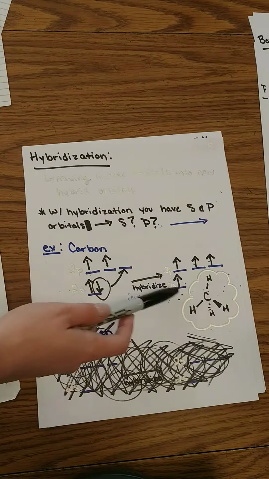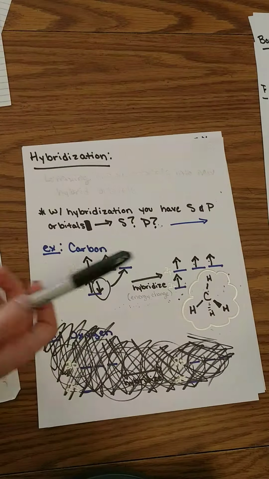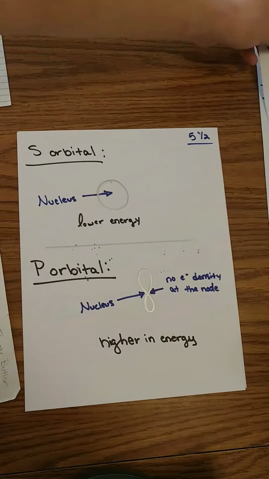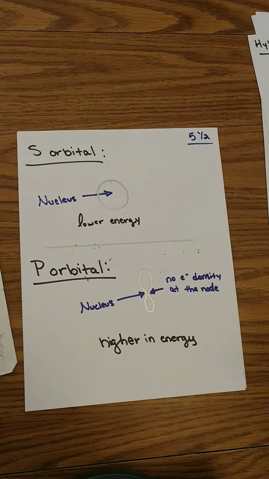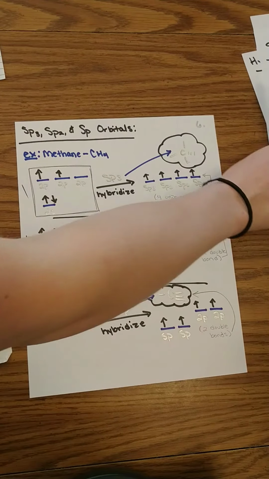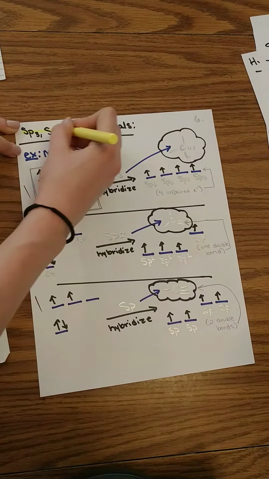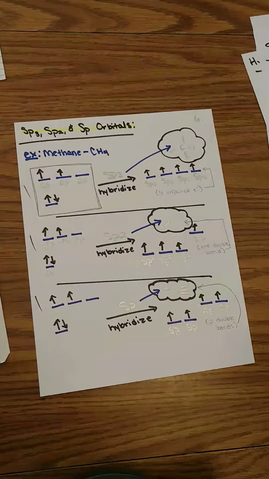This is also known as sp3, but it's just written differently to explain the fundamentals. I will show you on the next page. Here, sorry, that was my example page, but we are going to talk about sp3, sp2, and sp orbitals.